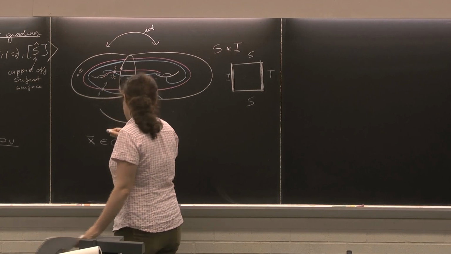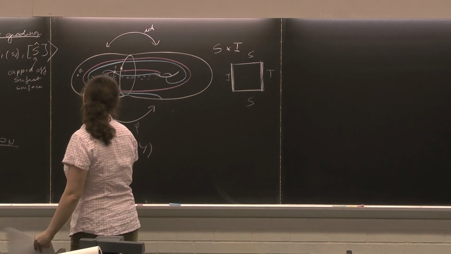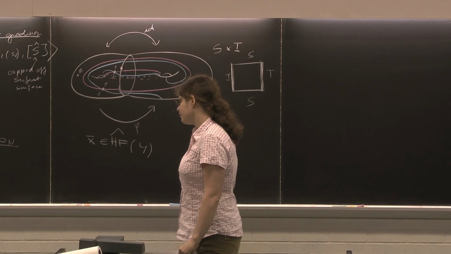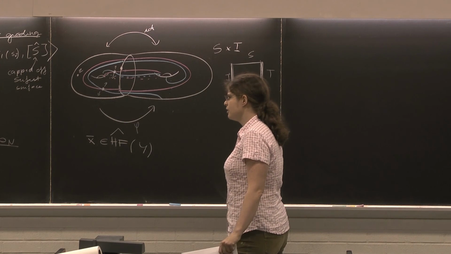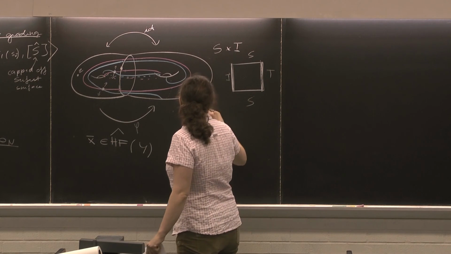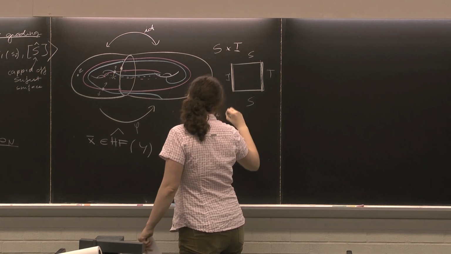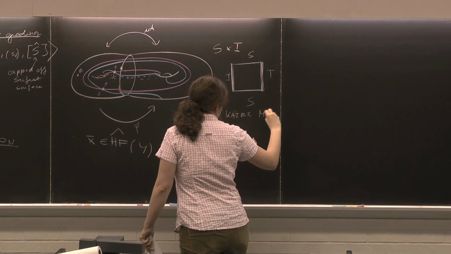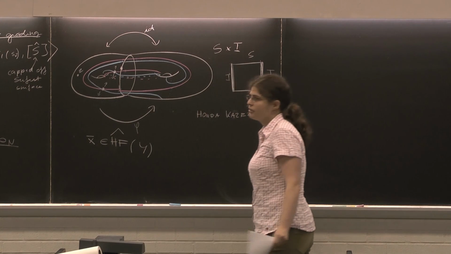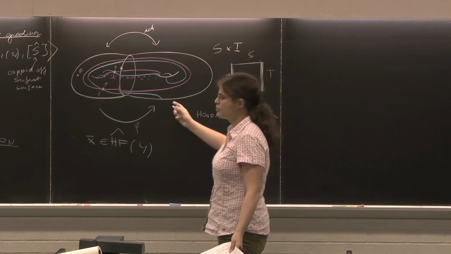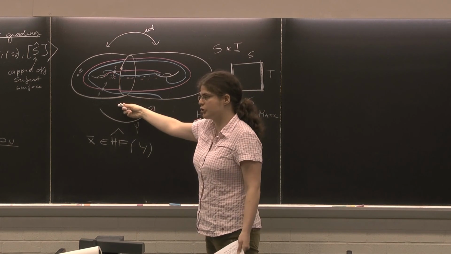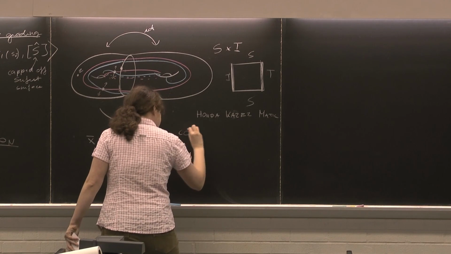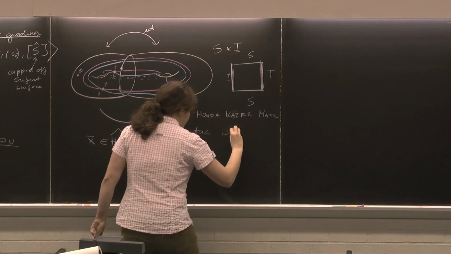And so this is going to be an element in my Heegaard Floer homology for the string manifold, and as it turns out, this was proved by Honda, Kazez, and Matić. This element is independent of how you chose your open book decomposition and how you chose the curve there. So this element is called the contact invariant.